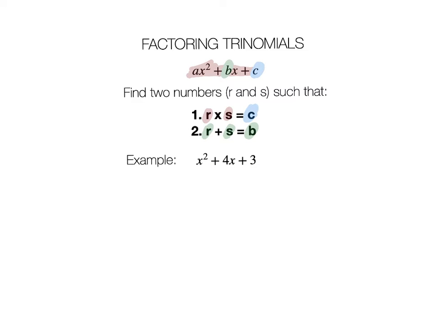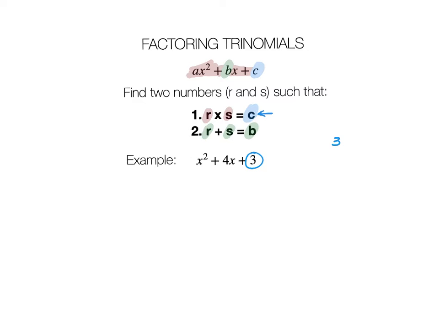A really easy thing to do is to write down the number 3, because that's the C value. Let me do it in blue so you can recognize that's what I've got highlighted there. I'm going to take the number 3, the constant here. That's my C value.